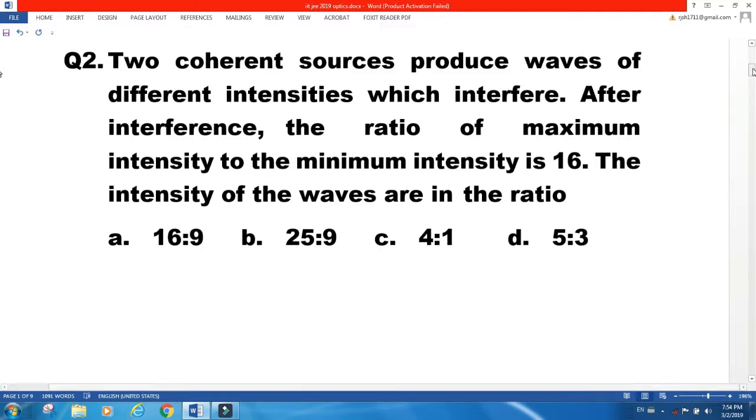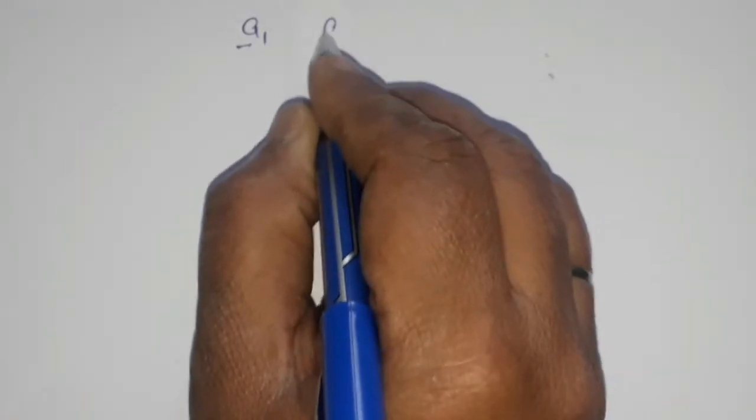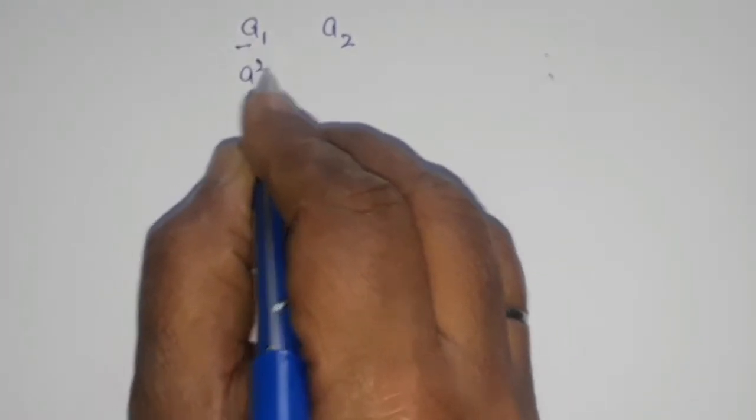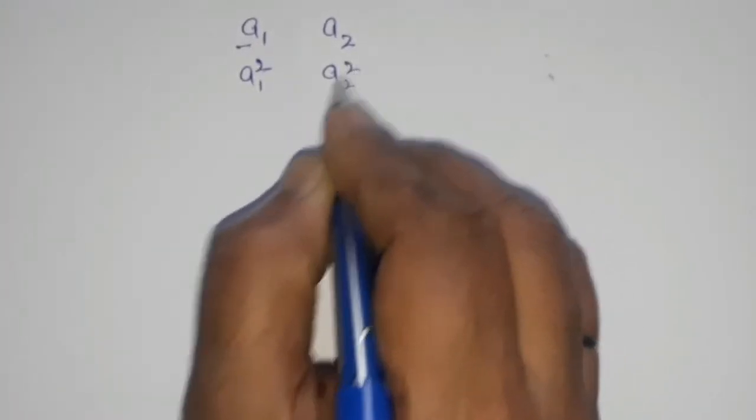Two coherent sources produce waves of different intensities which interfere. After interference, the ratio of maximum intensity to the minimum intensity is 16. The intensities of the waves are in the ratio? So we will be doing this question from very basics. Let the amplitude of one wave be A1 and the second be A2, that means the intensities are A1 square and A2 square.